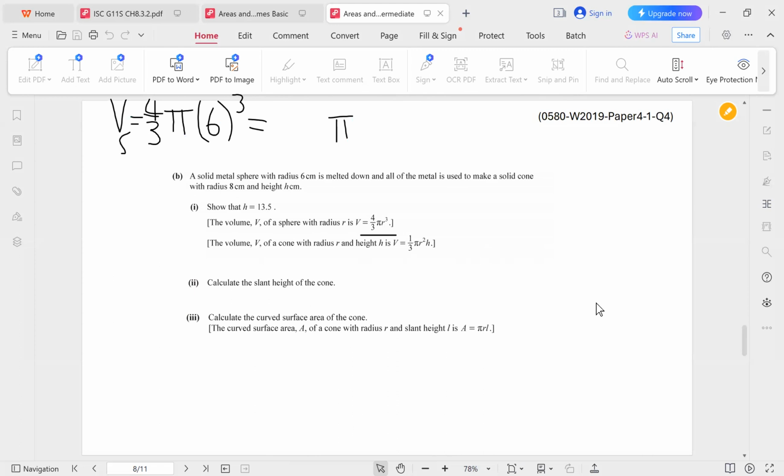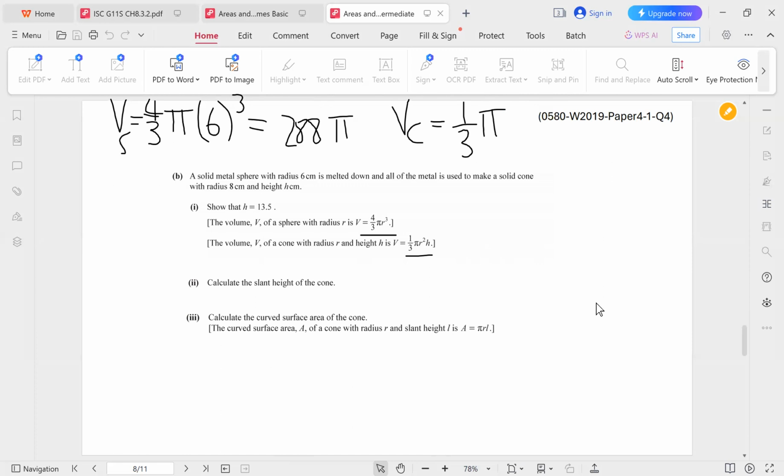This would give me 288 pi. So this is the volume of the sphere. And all of the metal is used to make a solid cone. So it has to equal the volume of the cone. And we're given a formula as well for the volume of the cone, which is V C equals 1 over 3 pi r squared h, where r here is 8.